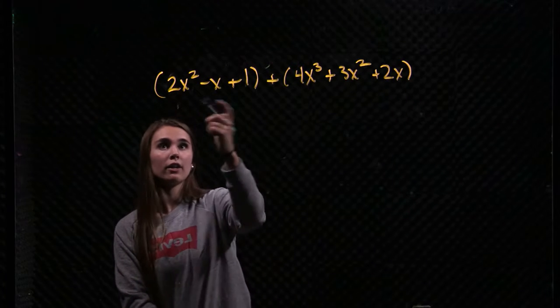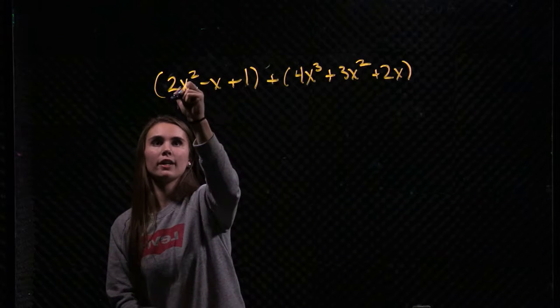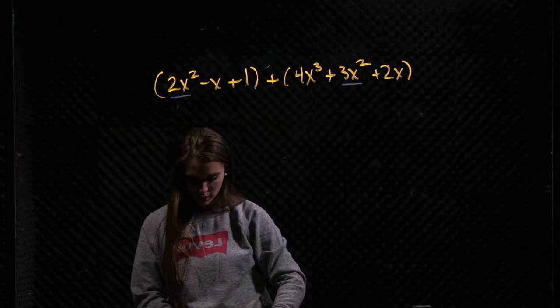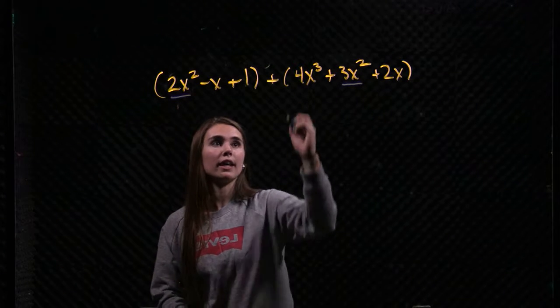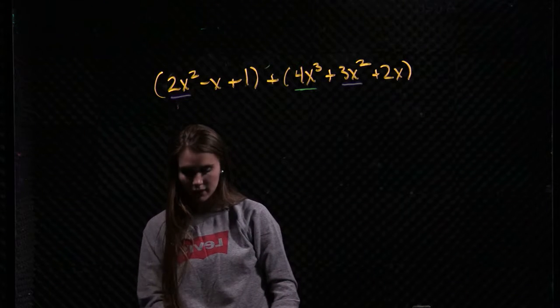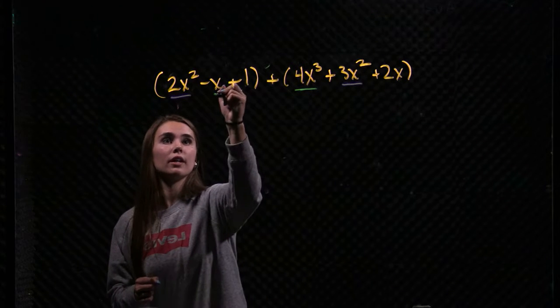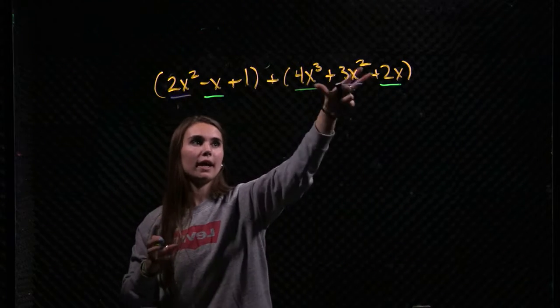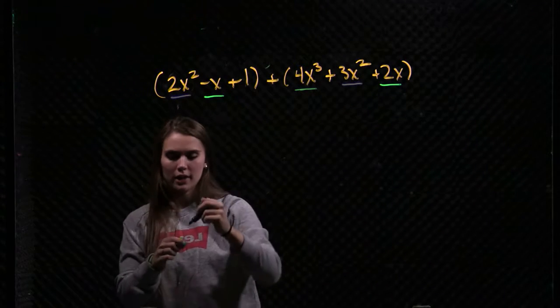So I can either say, okay, where are my x squareds? I have an x squared here, I have an x squared here, and that's it for the x squareds. Then I have an x cubed here. I only have one of those. And then I have an x and an x. So then I can go that way and I can just combine them kind of in my head and write it out in standard form.